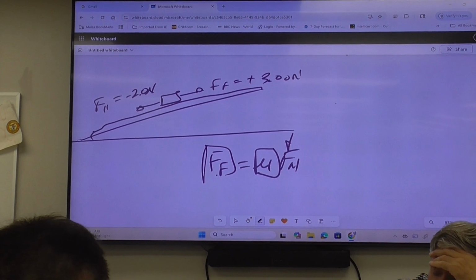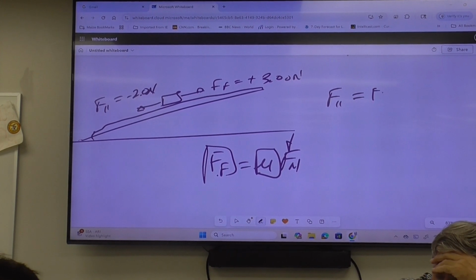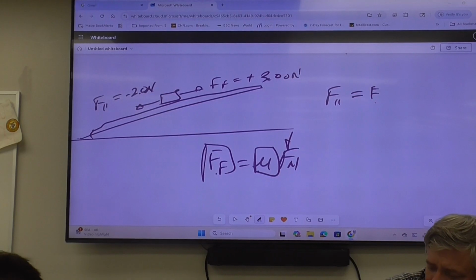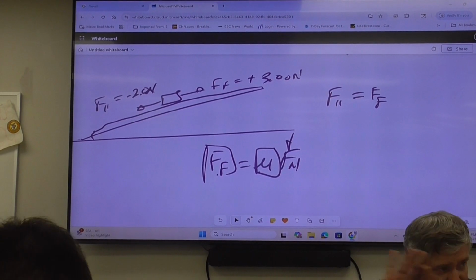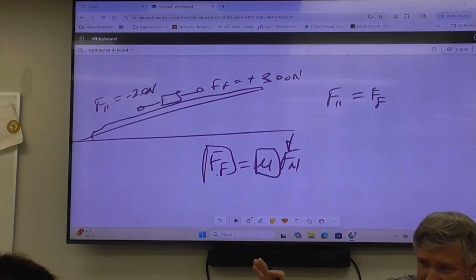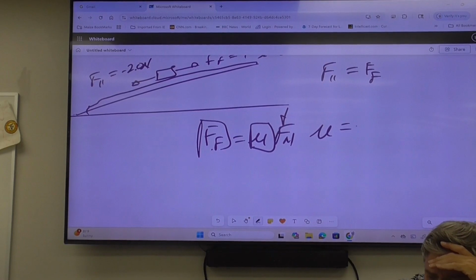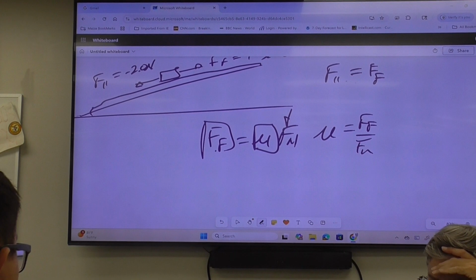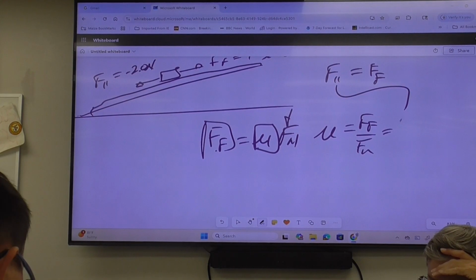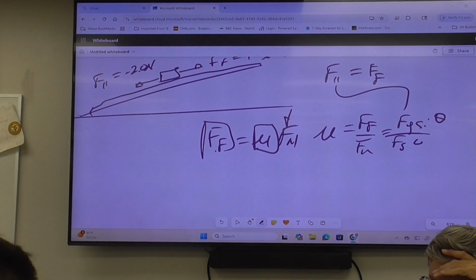Oh, okay. So at that point where it just begins to slide, we assume that the force parallel equals the force friction. They balance each other out. It's a tug of war. So since mu equals force friction over force normal, and force friction is the same as force parallel, that's Fg sine theta over Fg cosine theta.